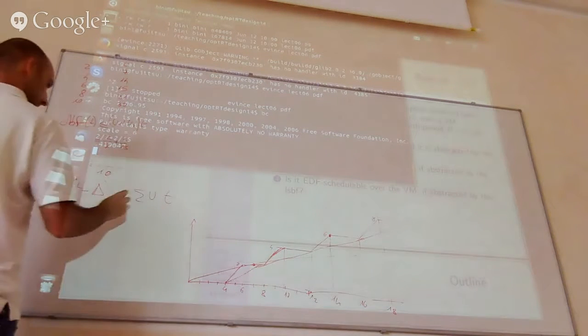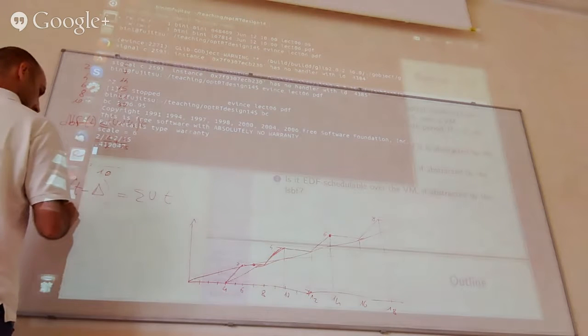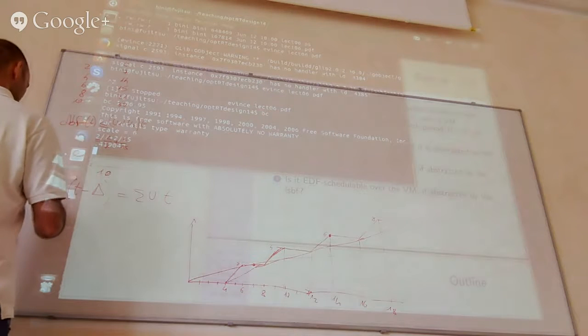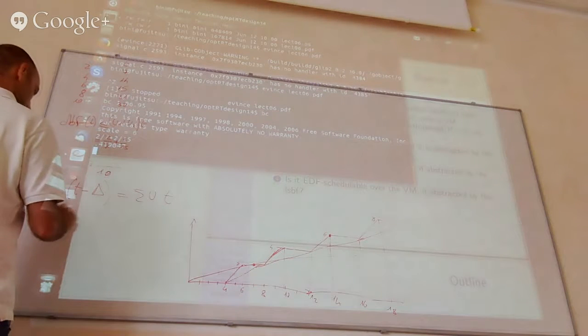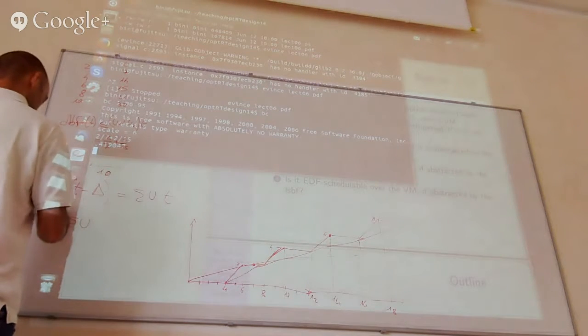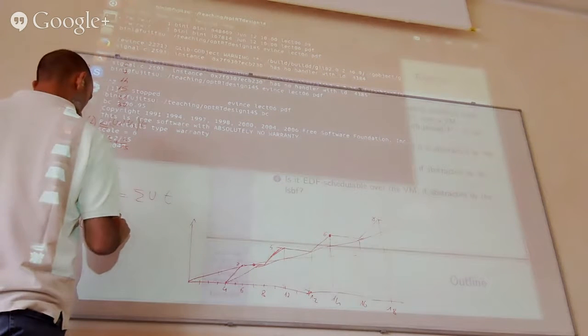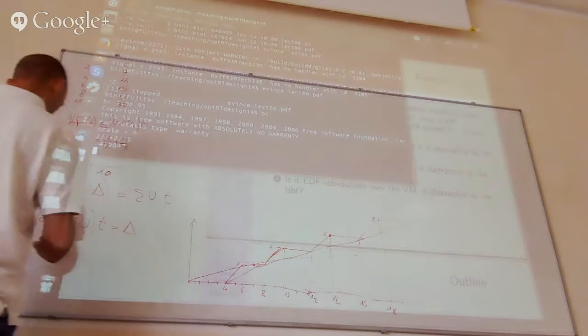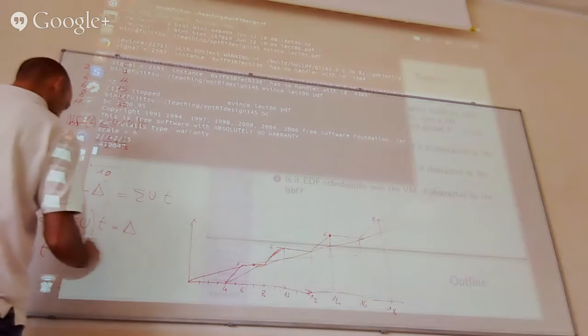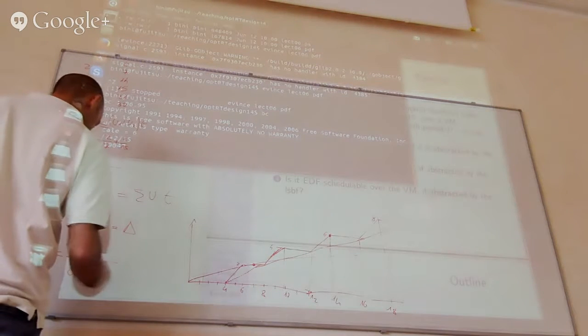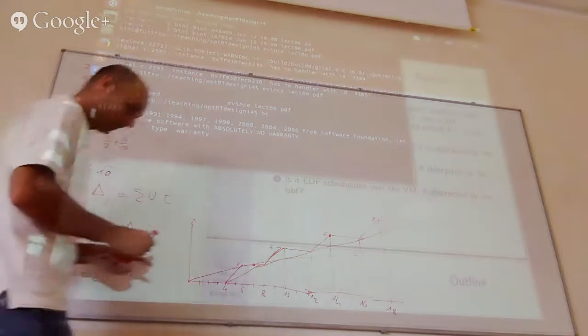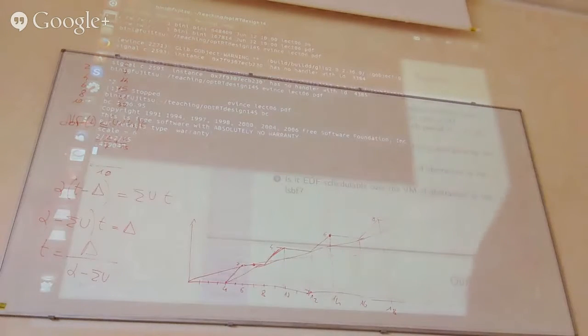The intersection then is at alpha minus sum of u, times t, equal to delta, so t equal to delta divided by alpha minus sum of u. And let me do this short math. So how much is delta in this case?